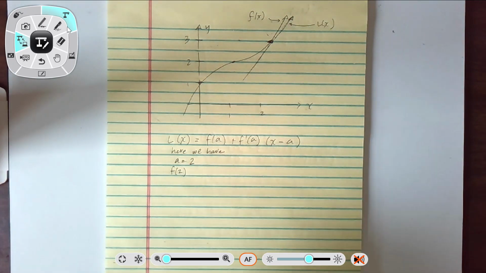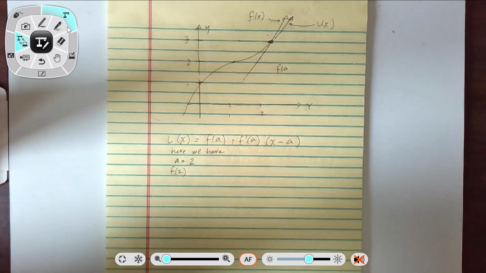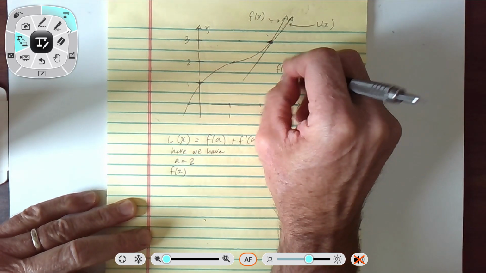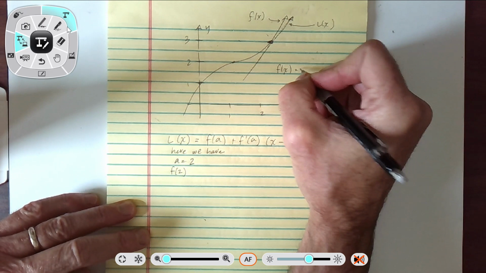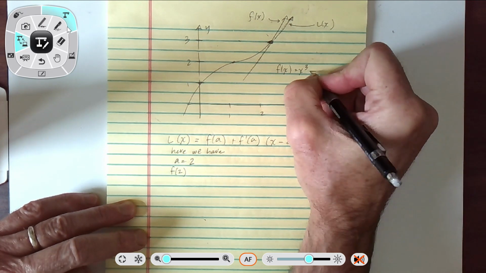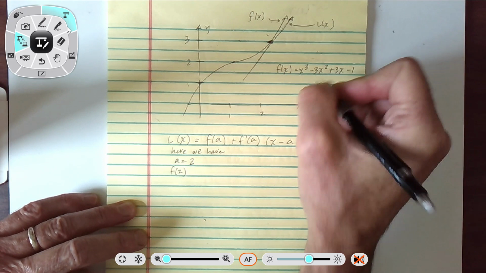So what is the function again? I didn't even write it down here. f of x is equal to x to the third minus 3x squared plus 3x minus 1.